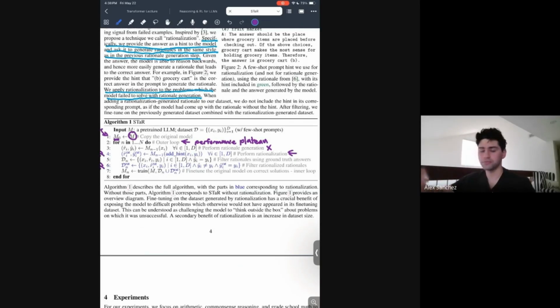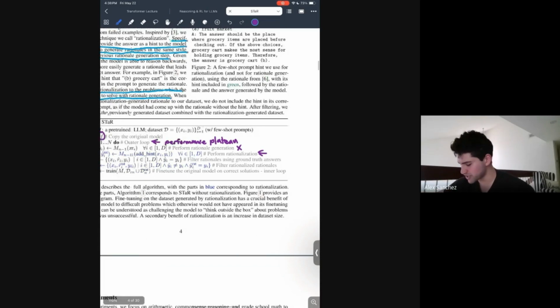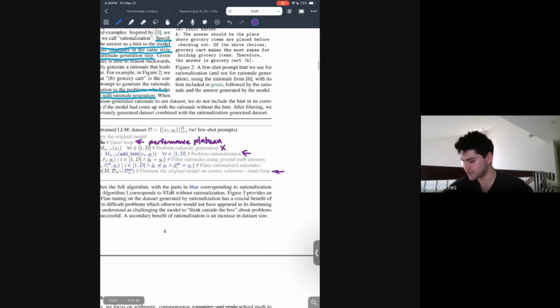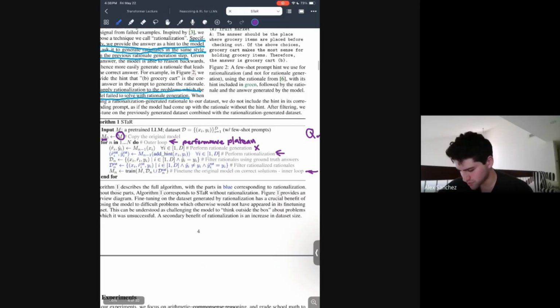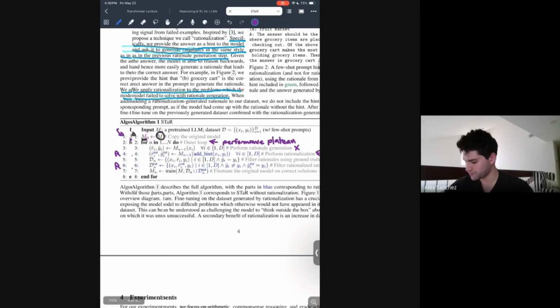We fine-tune from that model on the new data set that contains the question, reasoning, and answers from steps 3 and 4.